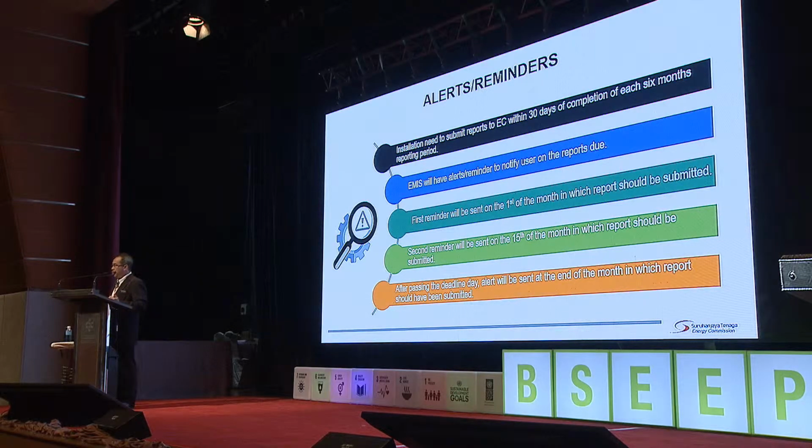So with EMIS also, we can alert industry online if they have not submitted. The system will automatically alert them. Currently, we have to chase through all the 1,900 installations one by one. But with EMIS, the system will automatically alert the installation if they have not submitted their report to us.